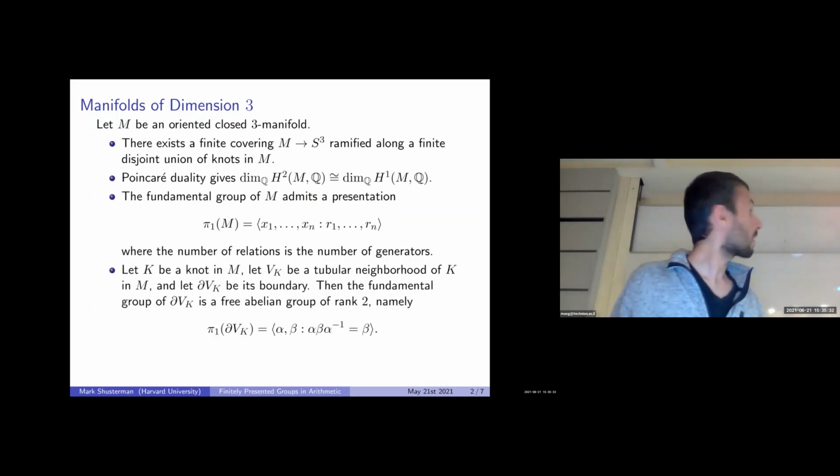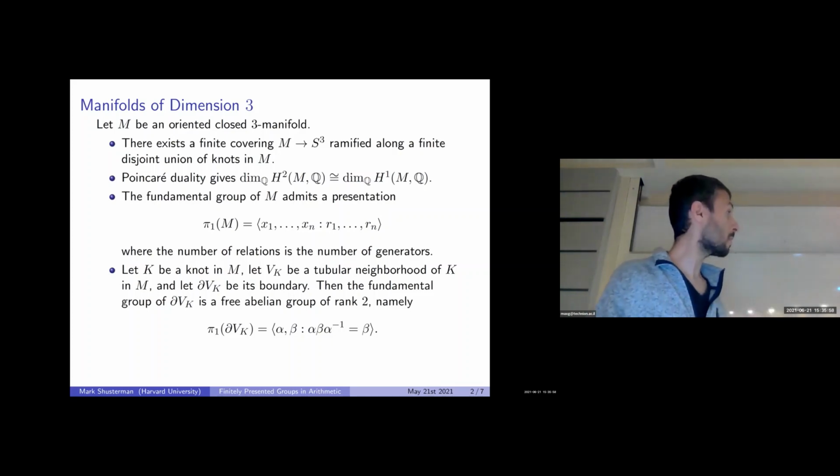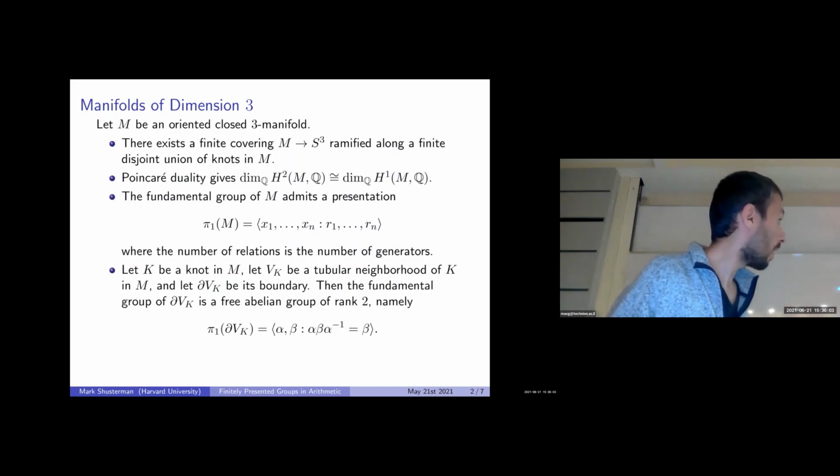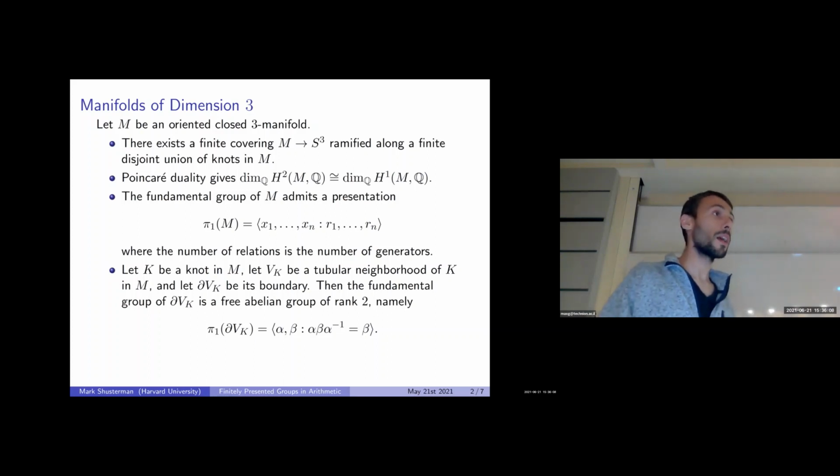Okay, another fact that I'll be using is a pretty simple presentation for a certain very specific group. If you take a knot in your three-manifold, and you take a small tubular neighborhood of the knot, and you look at the boundary, then the fundamental group of this boundary is just isomorphic to Z cross Z. And I can give it the following explicit presentation, which, if it is correct, is the most complicated way you can think of describing the group Z squared.